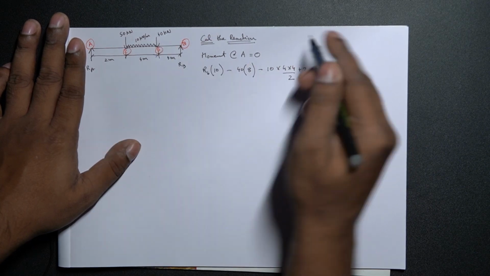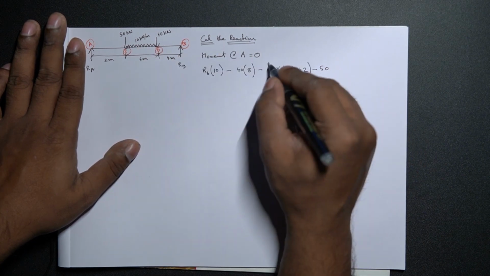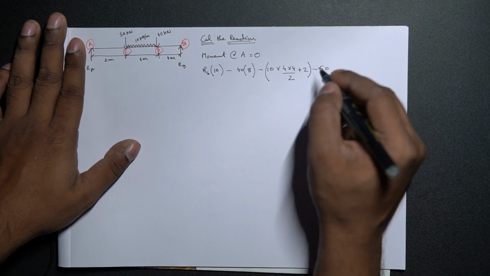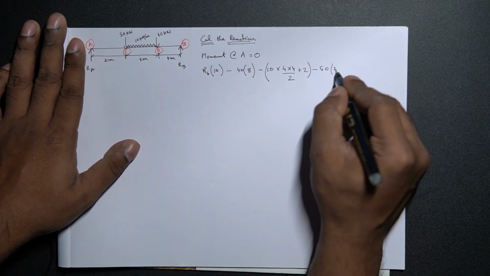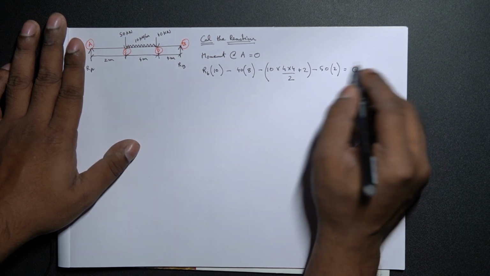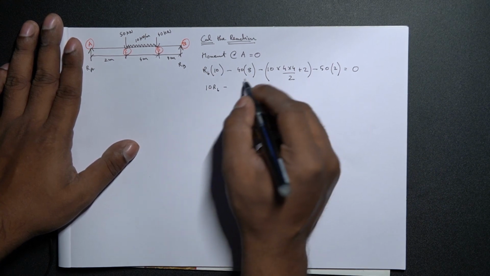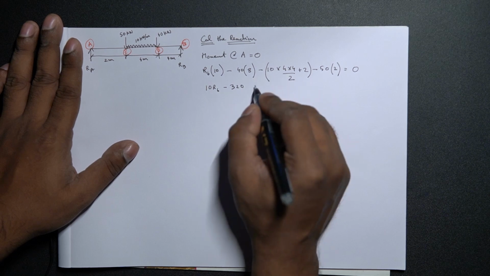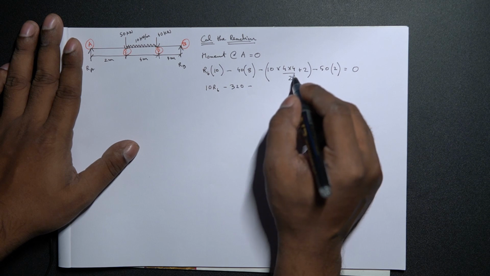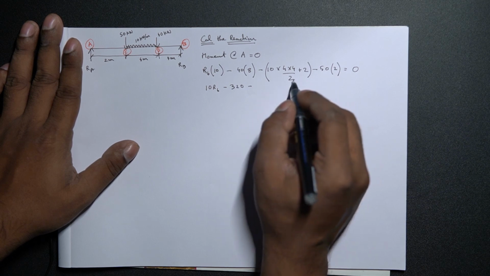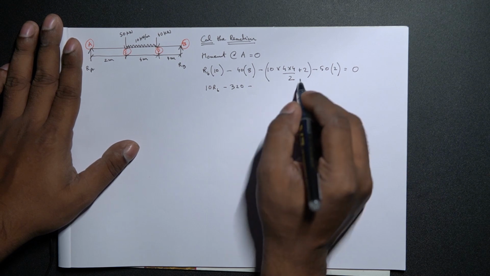Then we have a 50 kilonewton acting downwards at point C. So minus 50. Let me just put this in the bracket. Times 2, the lever arm, and everything should be equal to 0. So this will be 10 RB minus 320 minus 8 plus 2, 10, 10 tens, 100, 4, 4, 16, 160.